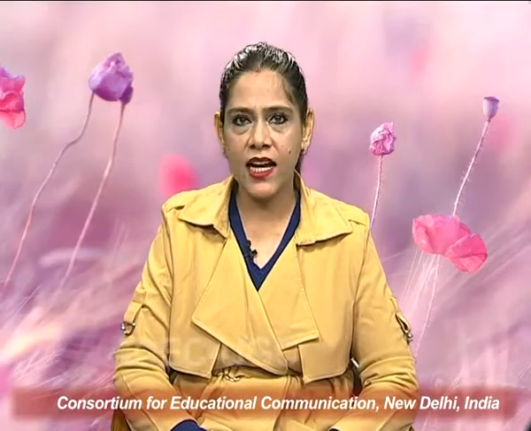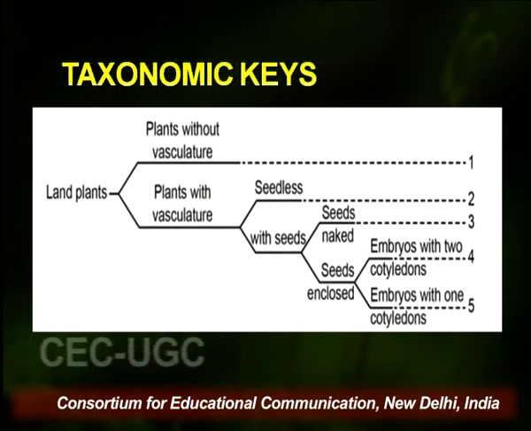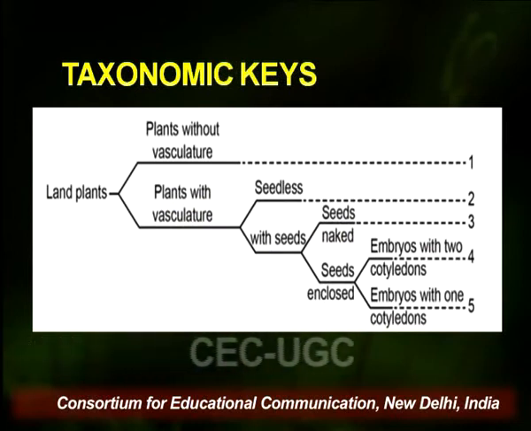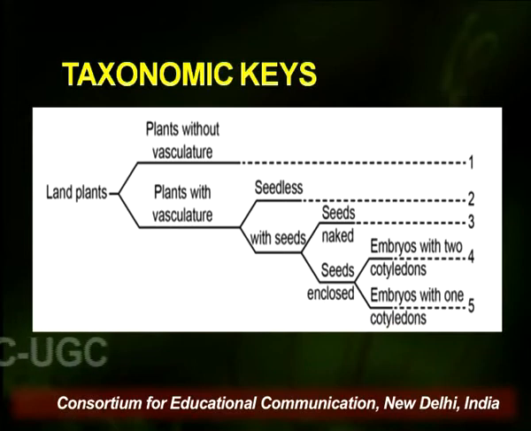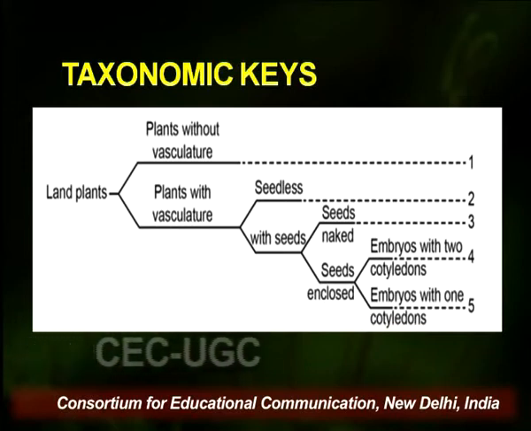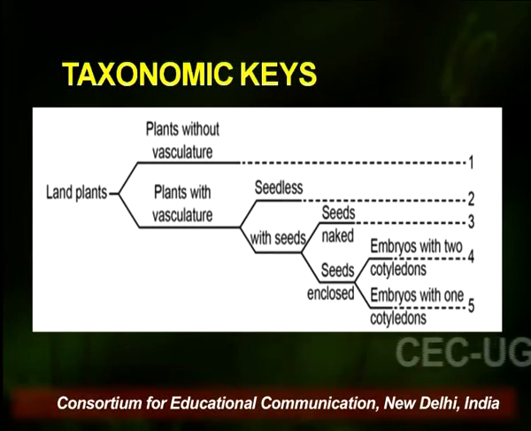In this slide, you can see an example to show that the land plants are divided into smaller and smaller groups to reach an identification. For example, we have first divided the land plants into plants without vasculature and plants with vasculature. Now, plants without vasculature comprise bryophytes and pteridophytes.